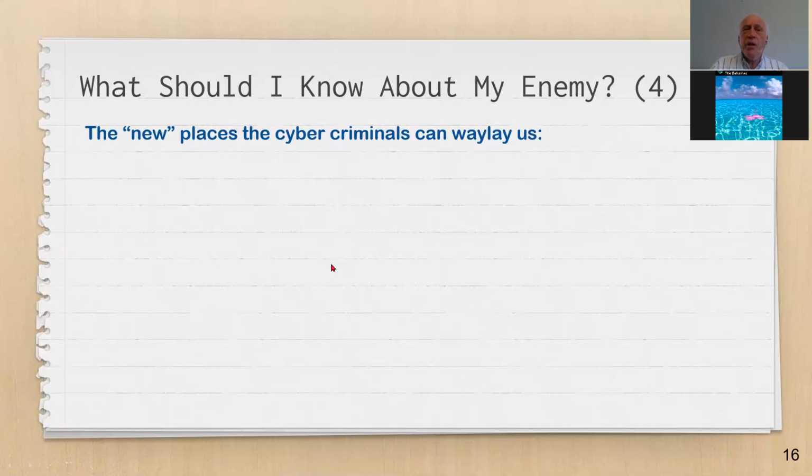So I'm very careful. The only thing I use my debit card for is to get cash out of an ATM, because that's the one thing you can't do online. If you actually need cash, and we don't really need much cash anymore because everything's gone electronic, I go to an ATM, get the cash out, put the debit card away, and don't use it again until the next time I want cash.